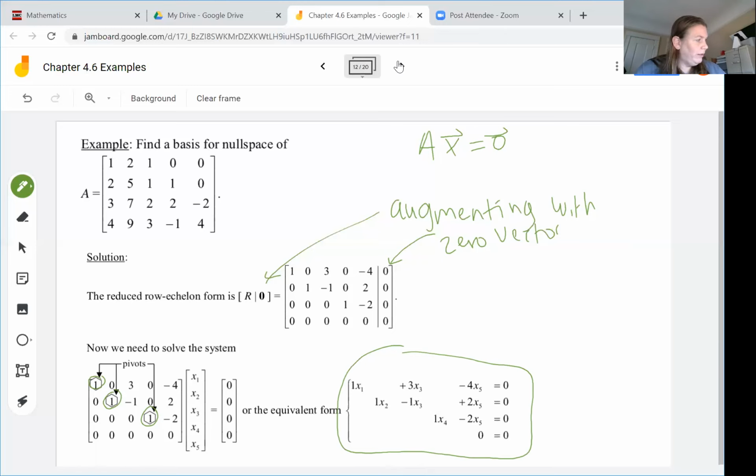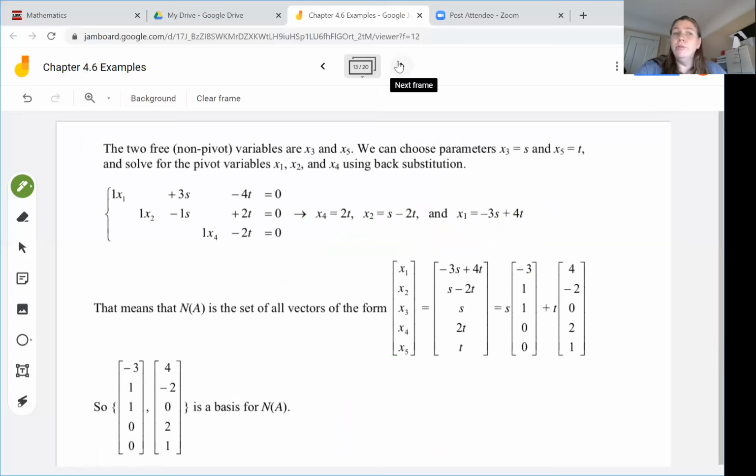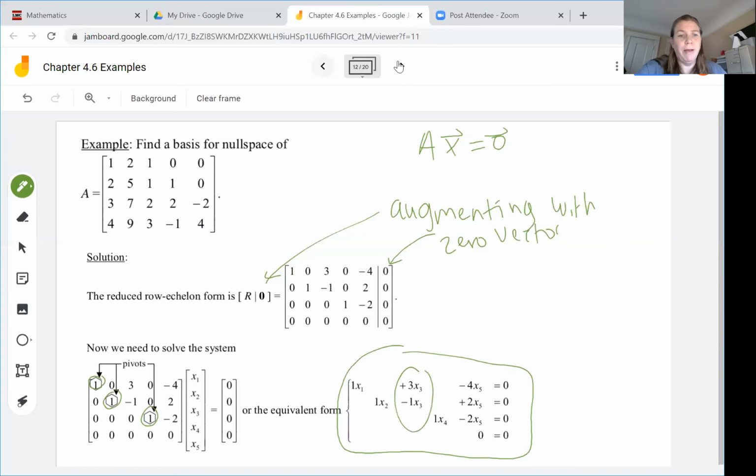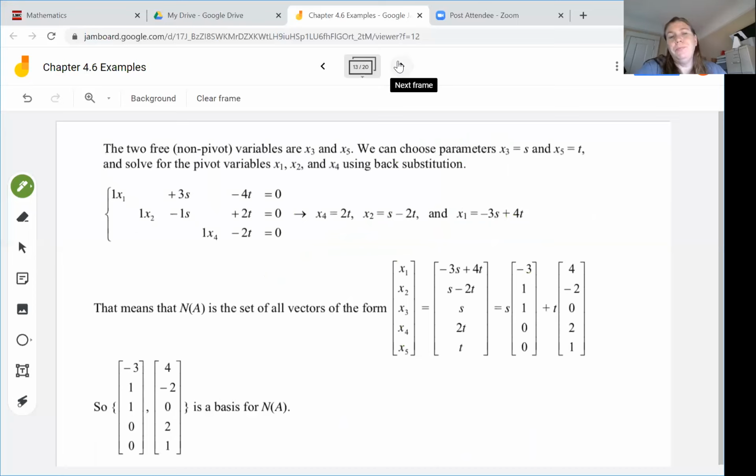So we know right away that x5 is going to be a free variable, and it's also looking like x3 is going to be a free variable as well, because it's showing up in these two spots. All right, so our two free non-pivot variables are x3 and x5. If you look back at our pivot rows, you can see the pivots correspond with x1, x2, and x4. That's another way to see the free variables.